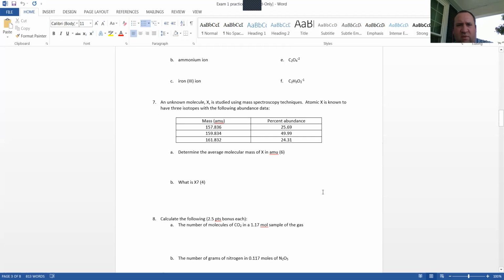I got confused on this because I kept coming up with the same element as being X. You made the same mistake on the quiz.